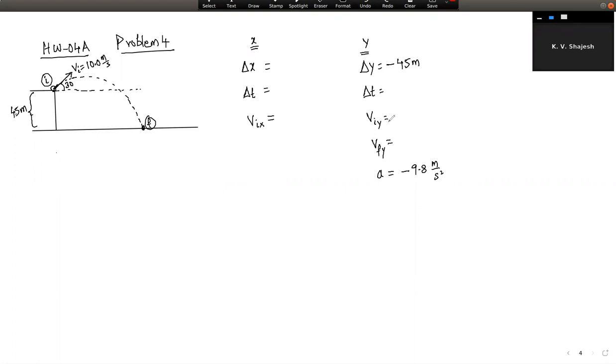For v initial, we have the magnitude and the angle given to us, so we can calculate both the x and y components. The x component will be v initial cosine theta, so that's 10 meters per second times cosine of 30 degrees.